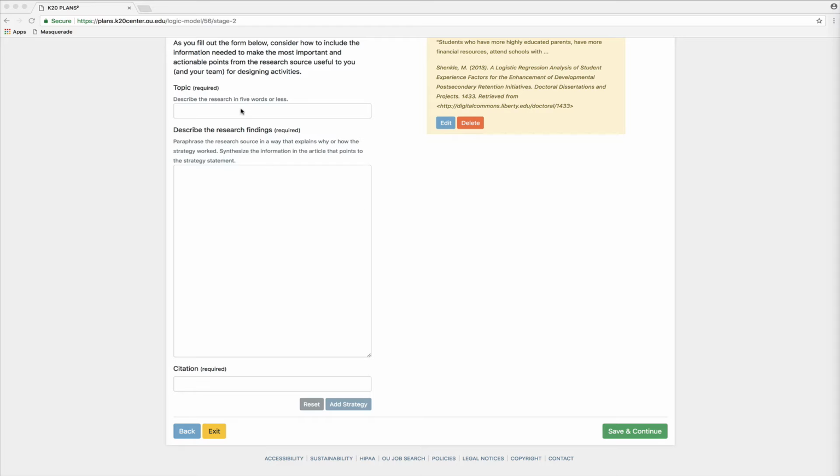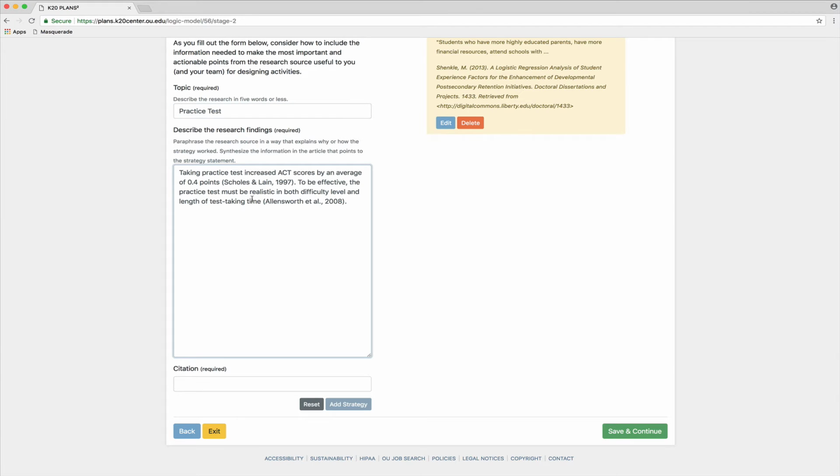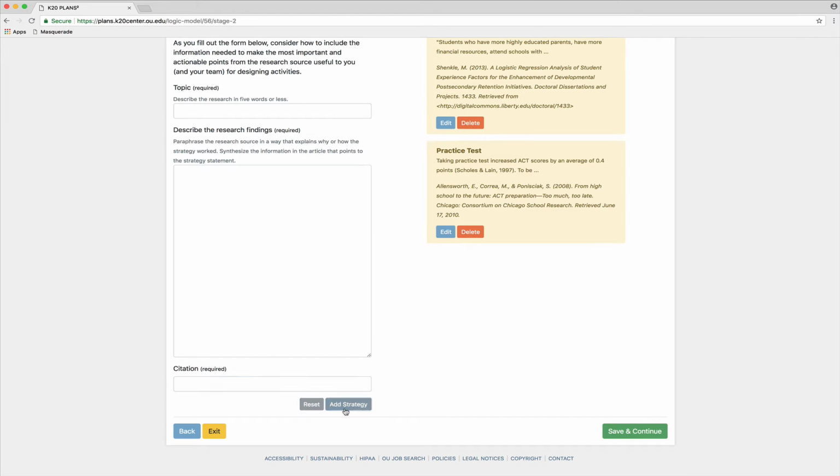Some of the ones that I found were that the practice tests are more effective in preparing students for taking the ACT if students are given a very realistic environment for practicing taking that test, the same appropriate time limitations, as well as the difficulty levels.